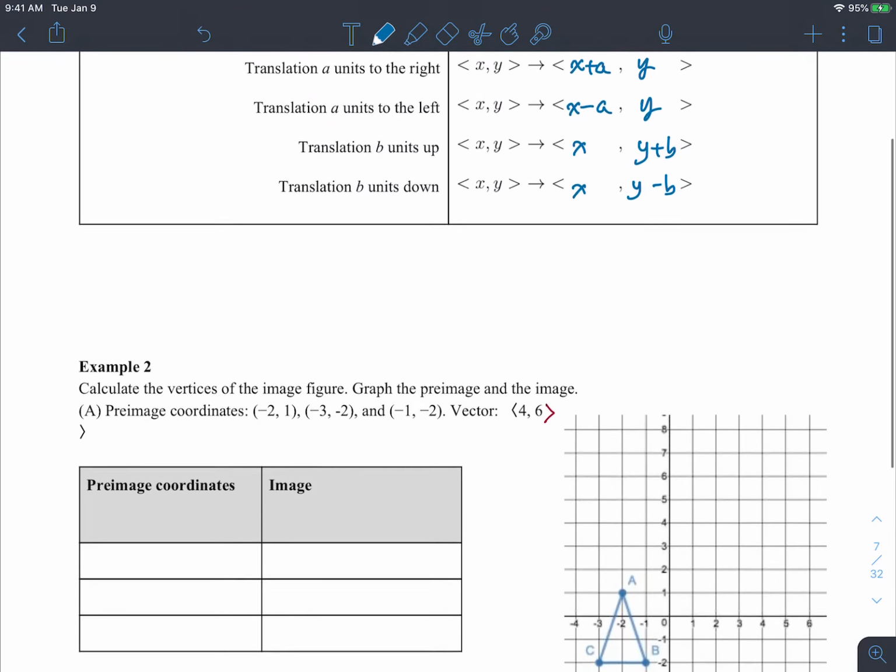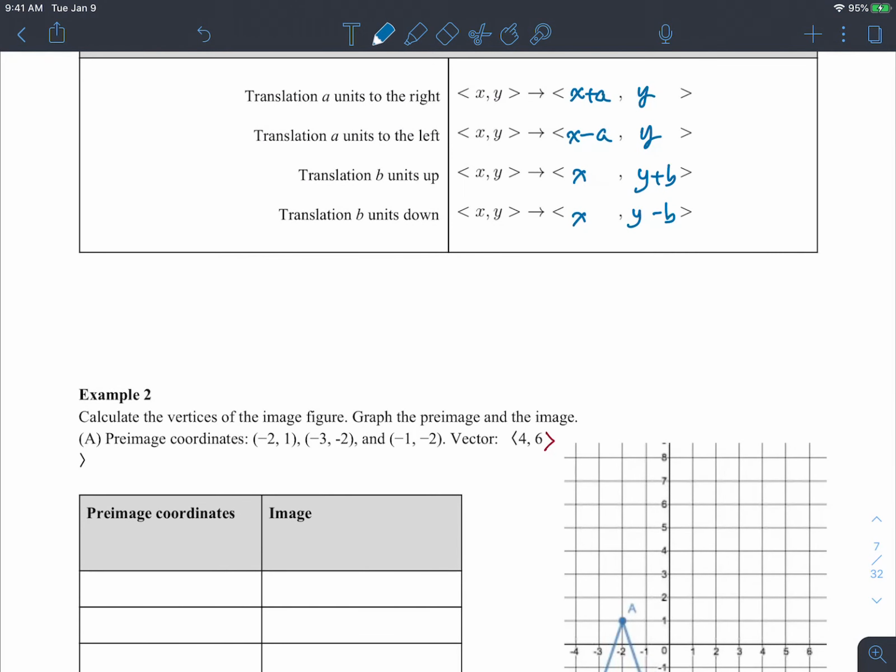Looking at this example right here, guys. When we have a vector, what that means is that to get an image, if you have initial points, because when I put a parenthesis over here, that's actually a coordinate.